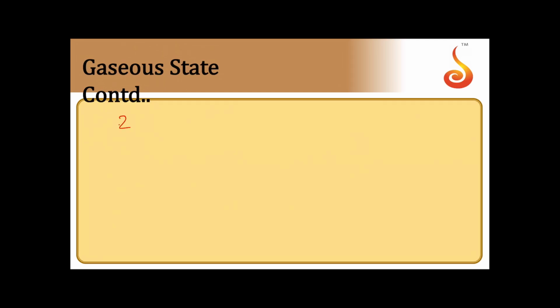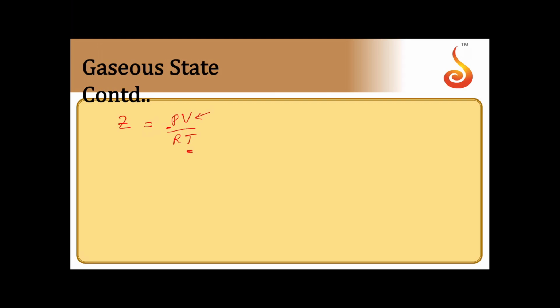Now, when you take the value of Z, which is equal to PV, say for 1 mole of a gas, it will be equal to PV by RT. For a given gas, at a given temperature and pressure, an ideal gas will have a certain volume.